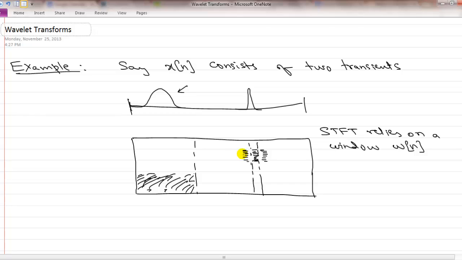So you really want to pinpoint where this thing appears and finishes, and for that, if you want good time resolution, the natural thing to do will be that you reduce the length of w[n].